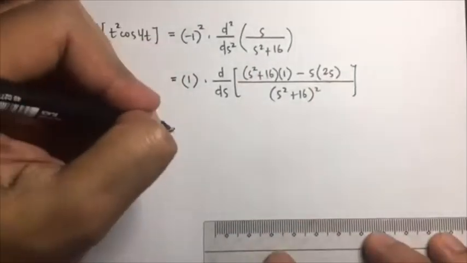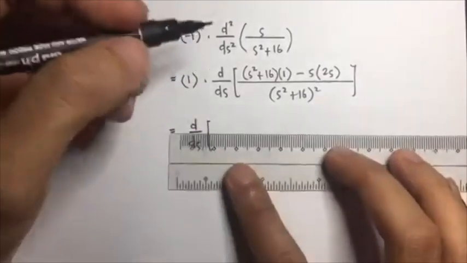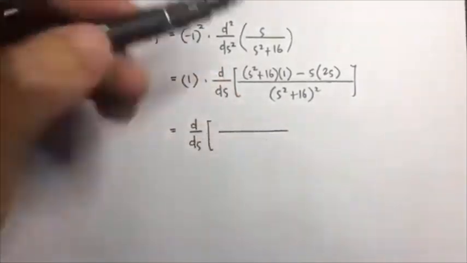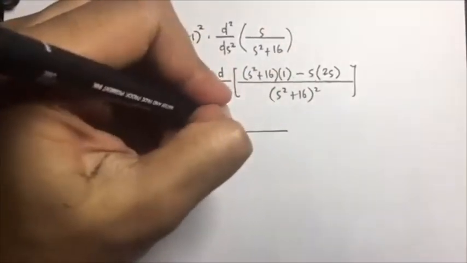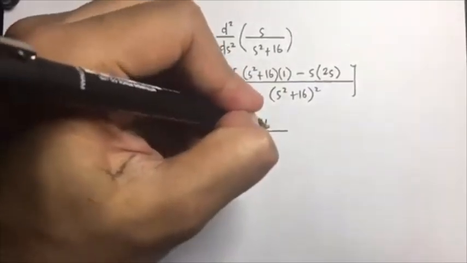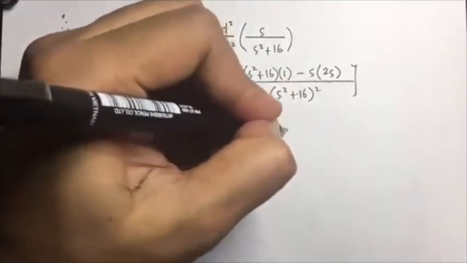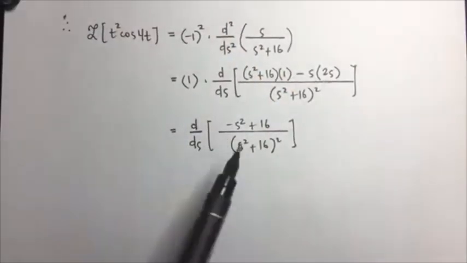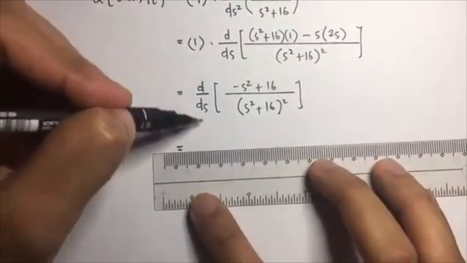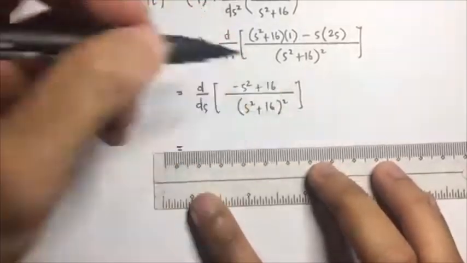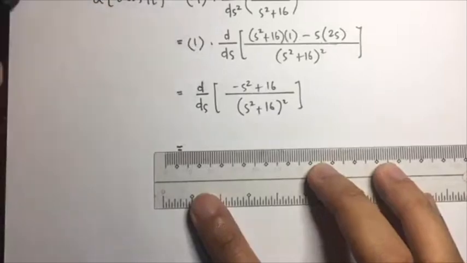Simplifying the numerator, you have s squared minus 2s squared, so that is negative s squared plus 16 over s squared plus 16 squared. We don't need to write the d over ds anymore, because we only have to differentiate twice.